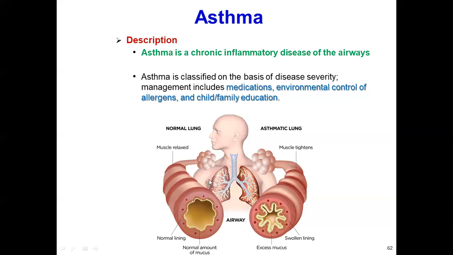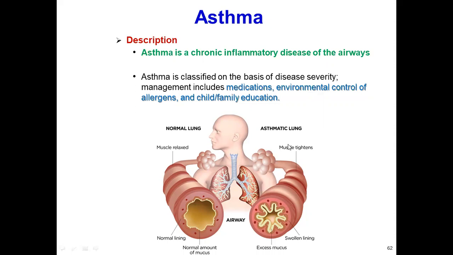In the picture, you can see the upper respiratory tract bifurcation and two lungs, which we call the airway. In a normal healthy person, the muscle is relaxed and we can see the normal lumen and a normal amount of scanty mucus.